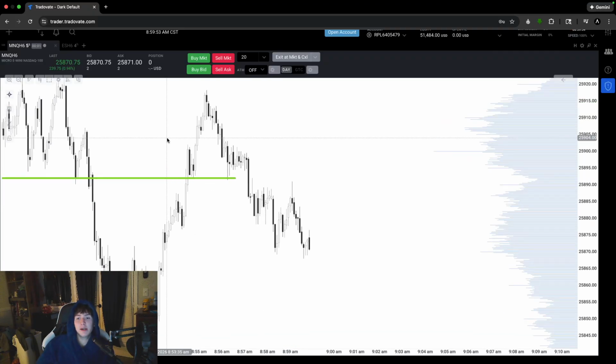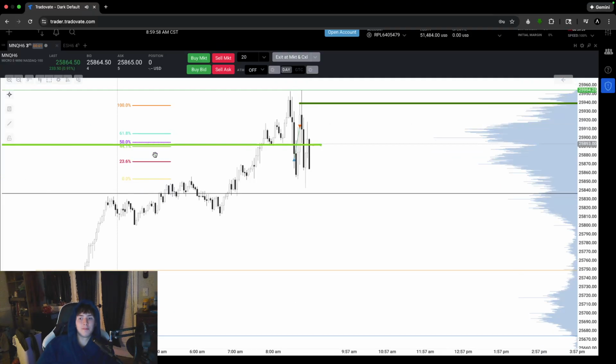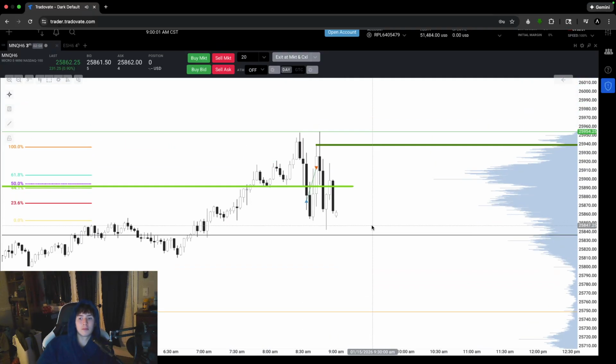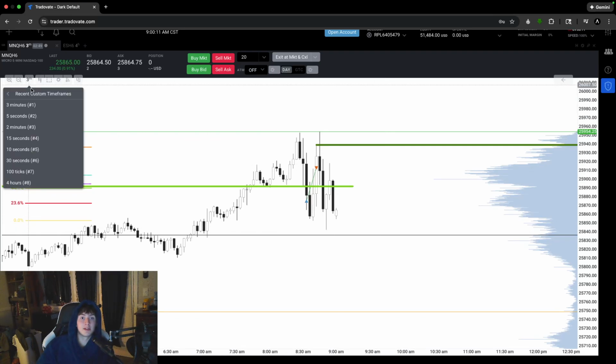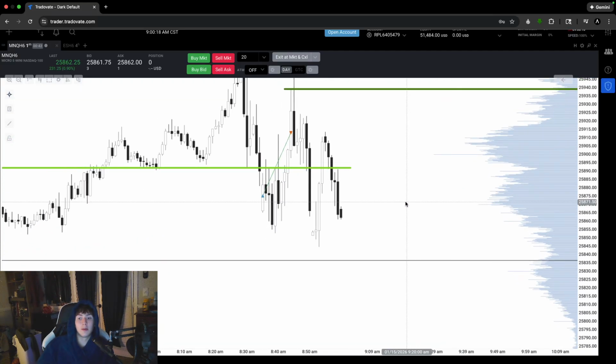I did not mean to get on the 5-second chart. 3-minute. Stop is at the low. If it hits the low, then that means we would have got stopped out, which is a good thing, because that would mean that we correctly assessed the situation and did not take the trade based on what we saw.